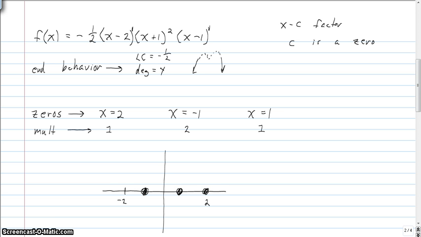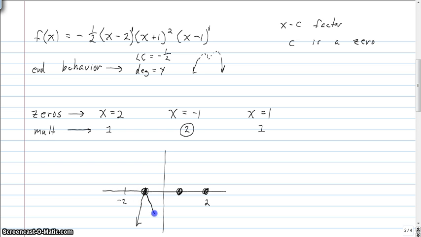And so I start working my way from left to right. Now, the first 0 that I'm going to come to is -1, right? Left end behavior is that I point down. Since the multiplicity at this first 0 is even, I'm going to bounce off the x-axis and turn around.